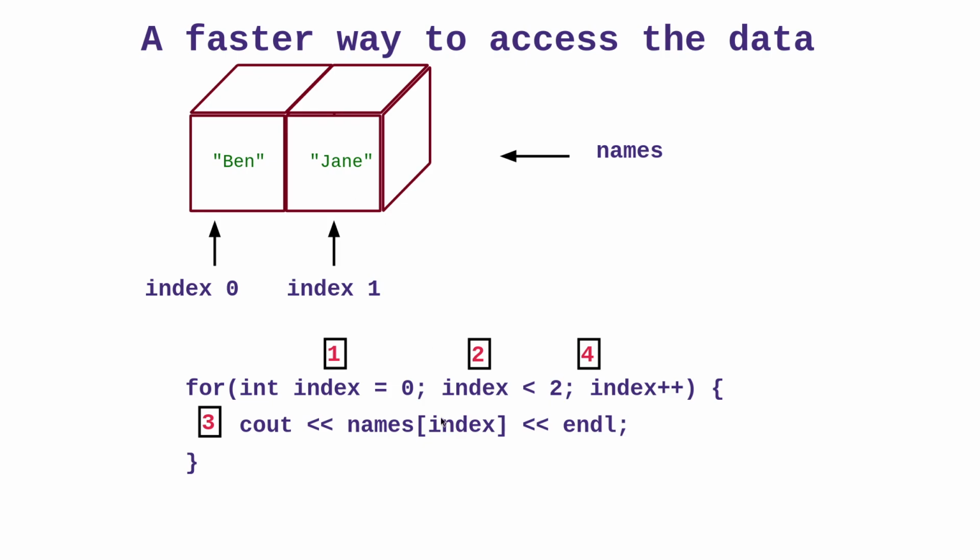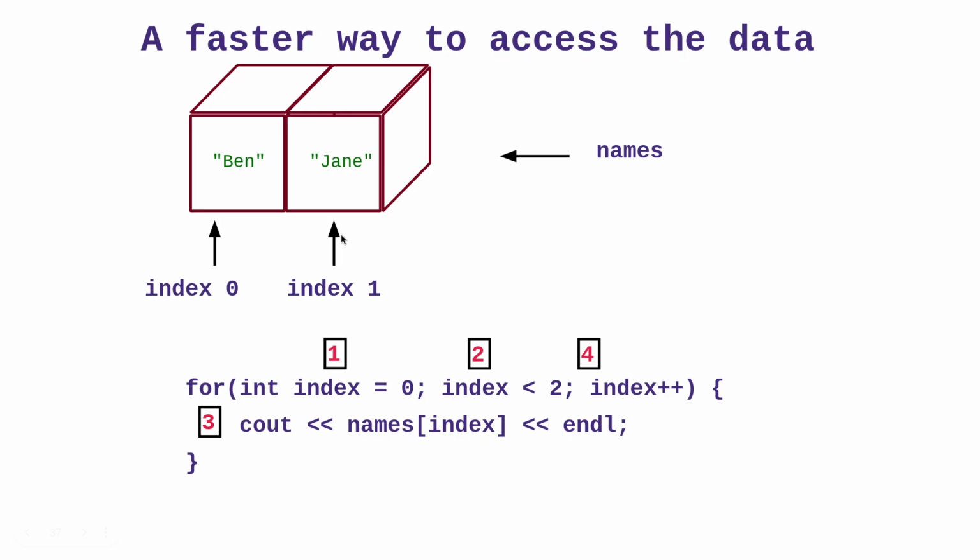However, when the index becomes 2, then I don't want to print anymore, because obviously index 2 is not existing, it's unknown, and that's what this does. Okay, and then step 3 is where we actually do the printing, and finally step 4 is where we add 1 to index so that it moves from this box to this box.